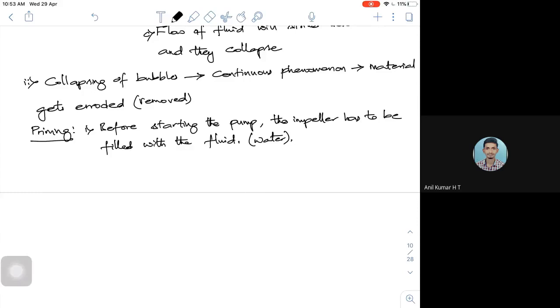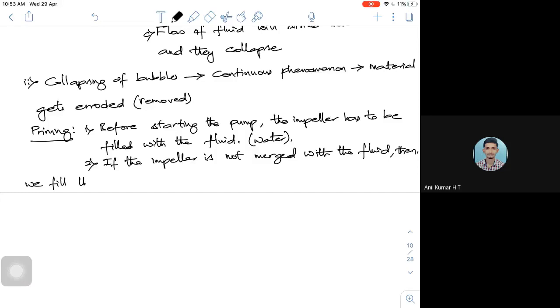If the impeller is empty, or is not submerged in the fluid, then what we do is fill the casing through a valve.